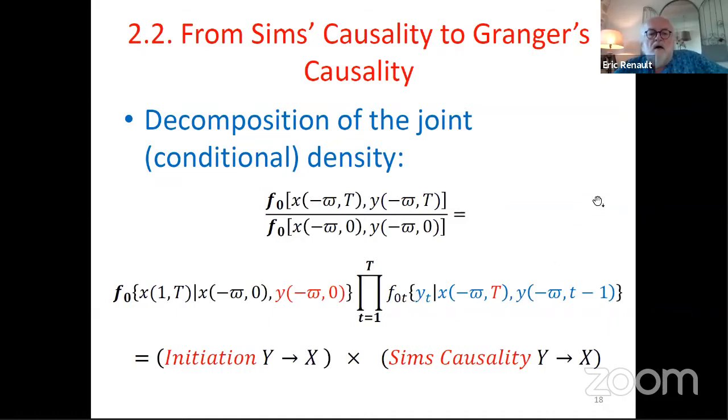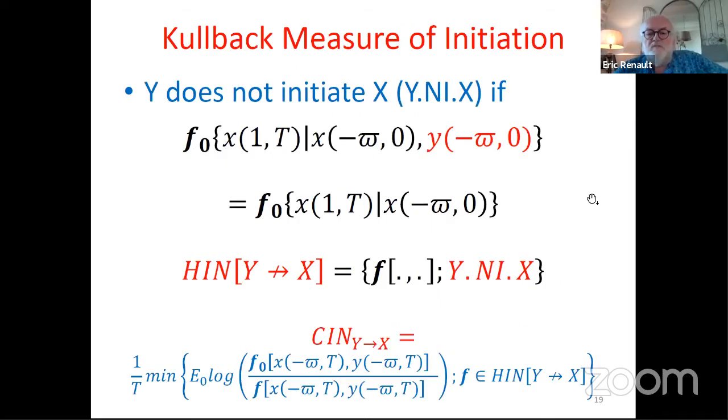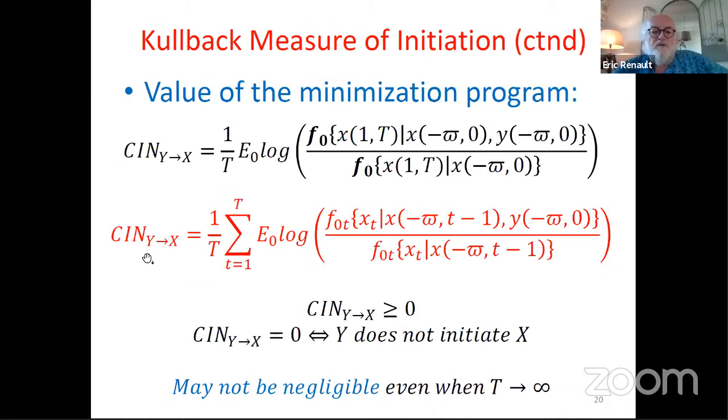Initiation is not something very subtle, so I'm going to be relatively fast, but you can measure the impact of initiation in the same way, by looking at the minimum Kullback distance. You end up with the initiation measure, which compares this and this, where the initial value of Y is not used.